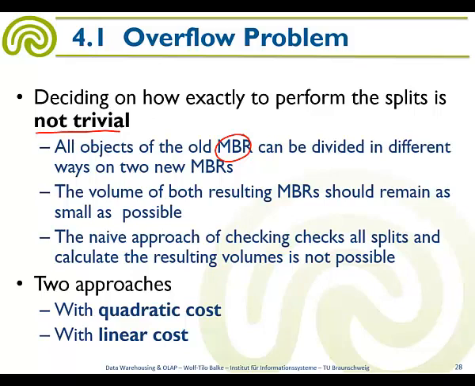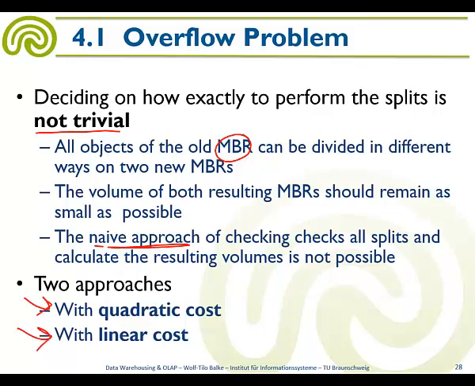If you consider all the different splits that you can do, this is going to be exponential. So the power set of all the possible divisions that you can do in space, this is going to take a lot of time, and this is not doable. So this is the naive approach. Can we do better? Of course.